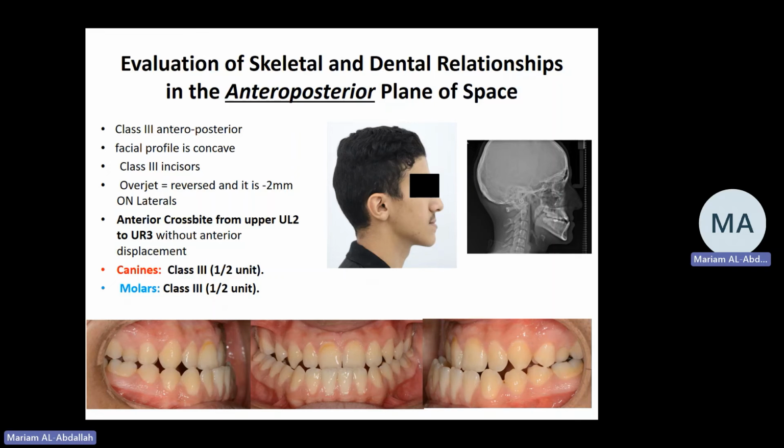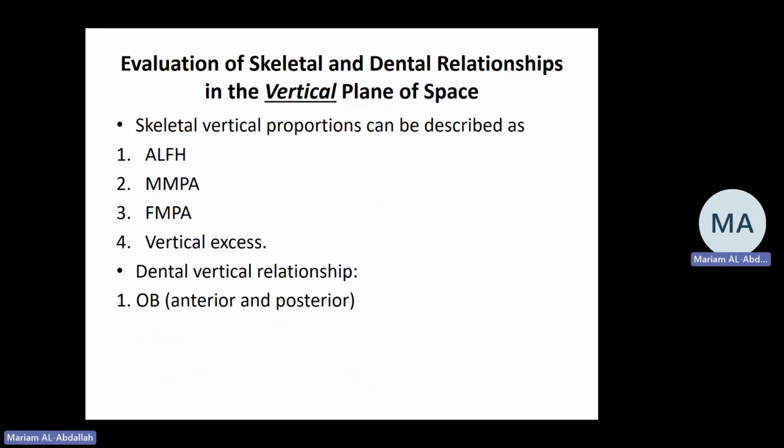There is an anterior crossbite, which is part of the anterior posterior relationship, extending from the upper left 2 to the upper right 3. The canines are class 3 half unit on both sides. The molars are class 3 half unit on both sides. So this describes all features of the malocclusion in the anterior posterior dimension, skeletal and dental.